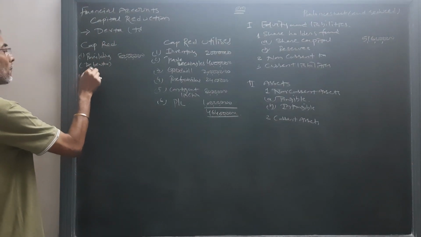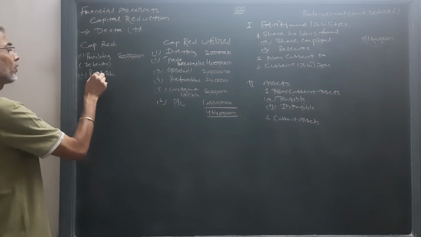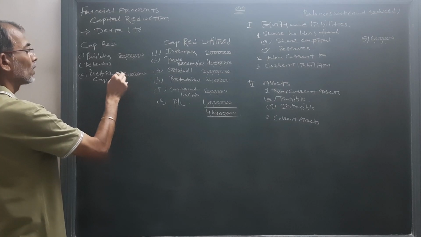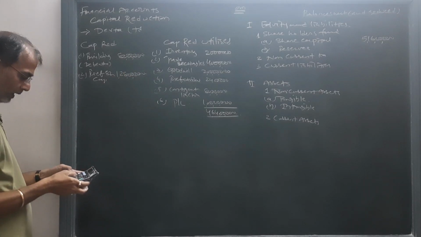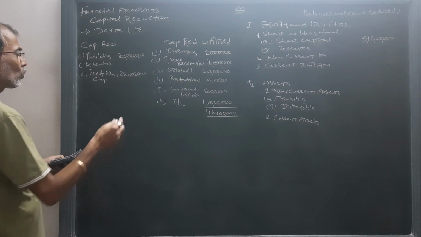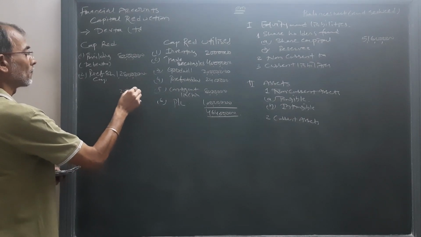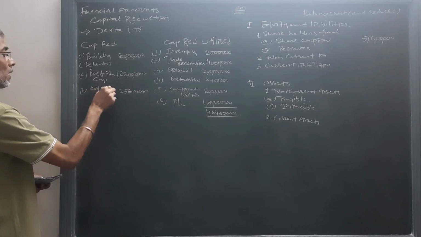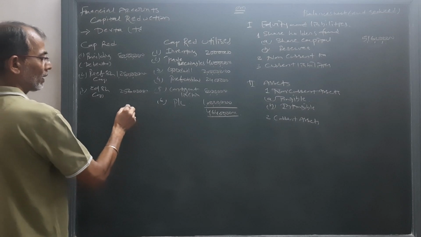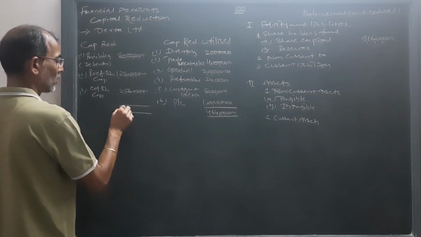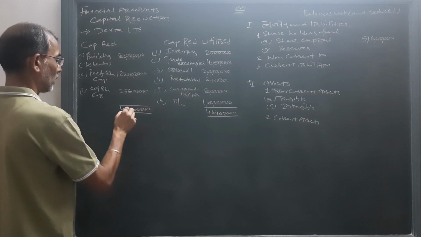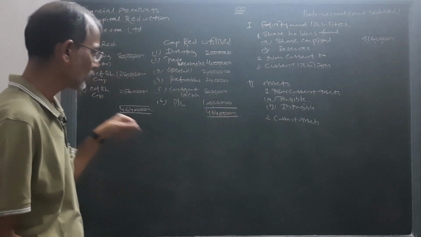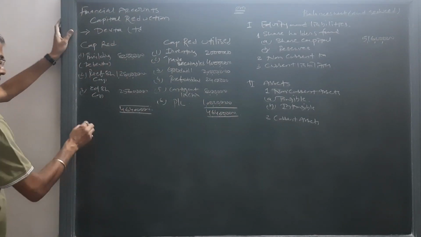So preference share capital is to be written as 1 crore 28 lakh and 2 crore 56 lakh from equity share capital. So this will also be 4 crore 64 lakh.